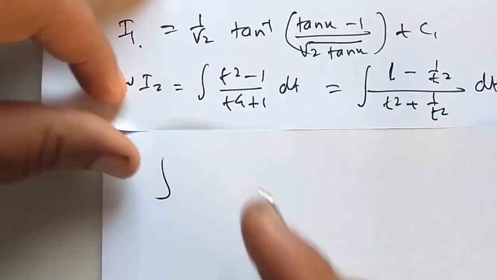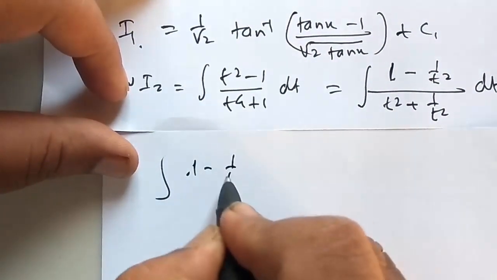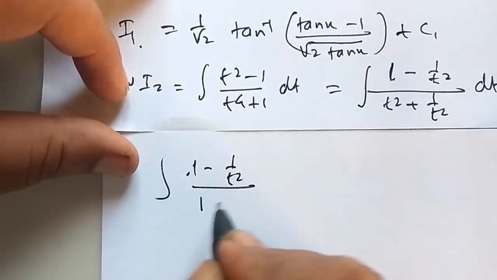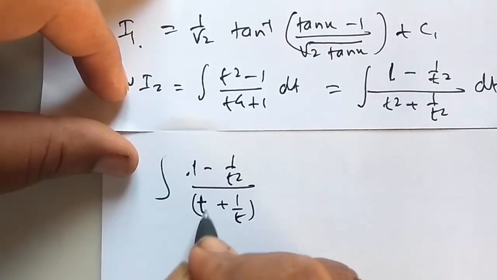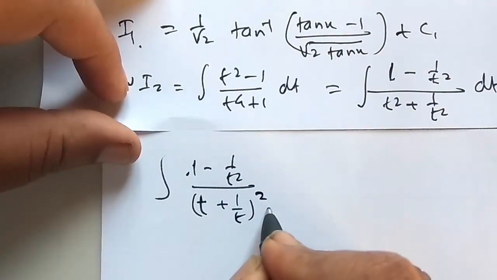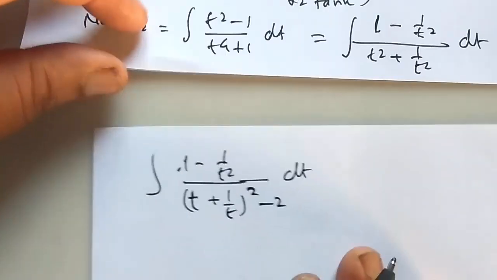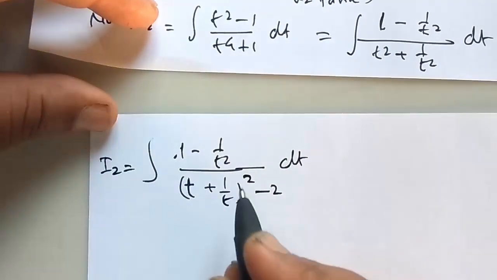Now I adjust the term so that it becomes a complete square: 1 minus 1 upon t square upon t plus 1 upon t bracket square minus 2 dt. This is equal to I2.